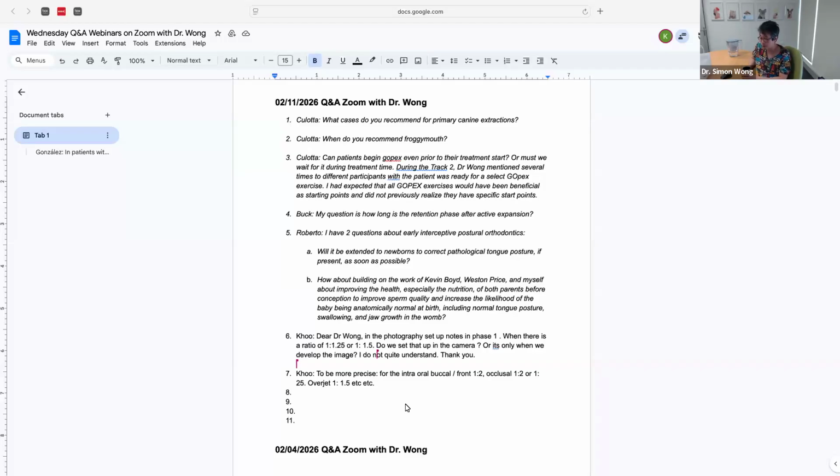Those ratios no longer apply unless you're using a full frame digital camera, and almost no one uses that in the dental industry because of the size and bulk of the camera and the cost of the camera. So those ratios no longer apply to crop sensor cameras.